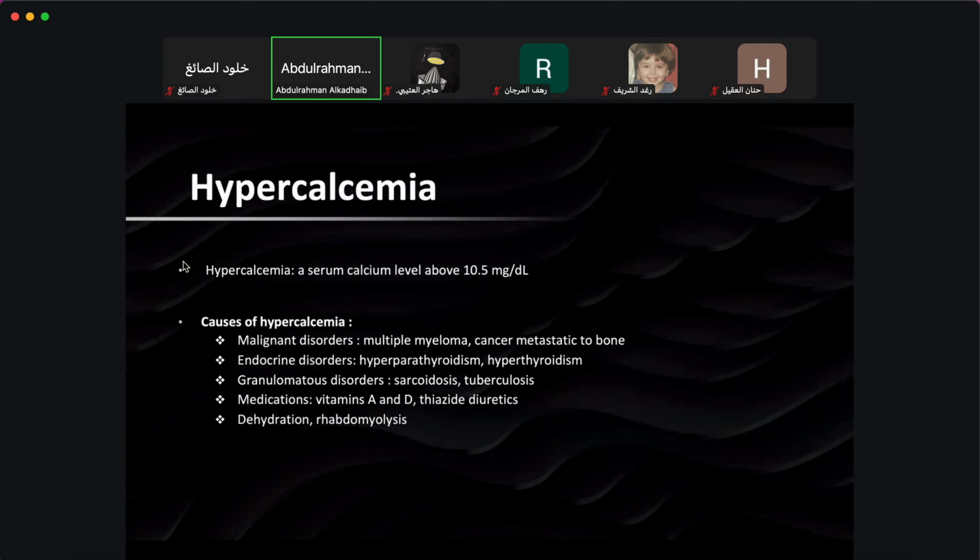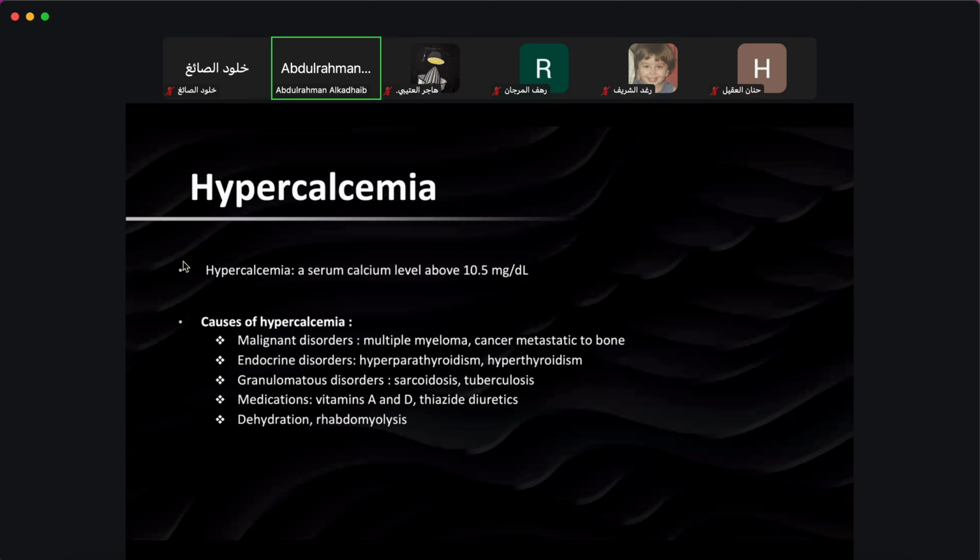We may see it also in some endocrine disorders such as hyperparathyroidism, because as you know, the parathyroid hormone is the main hormone that regulates the calcium and phosphate in the body. So when it gets elevated, usually it causes high calcium level as well.